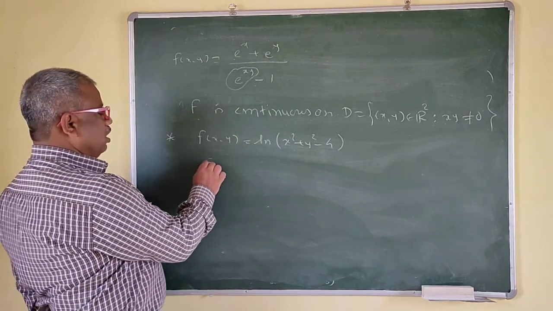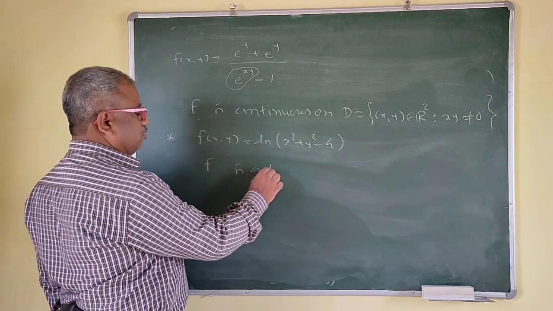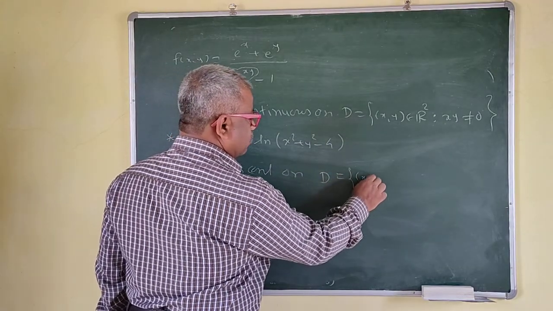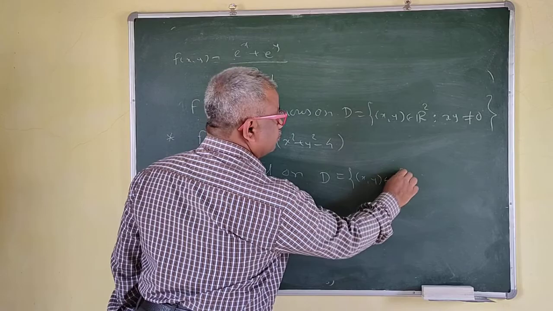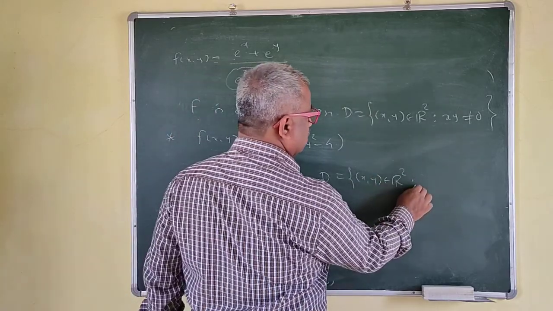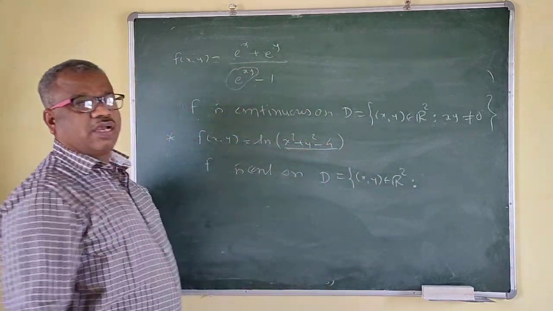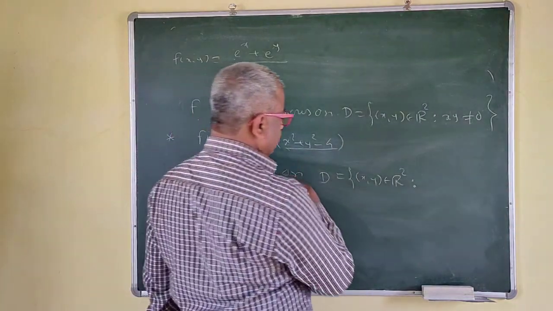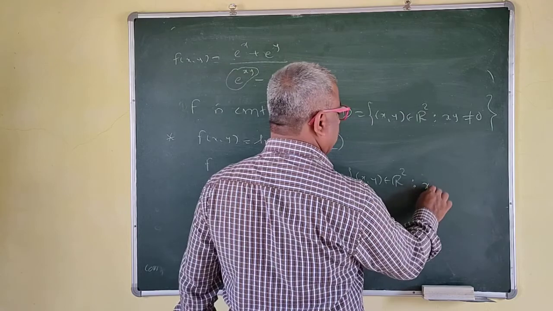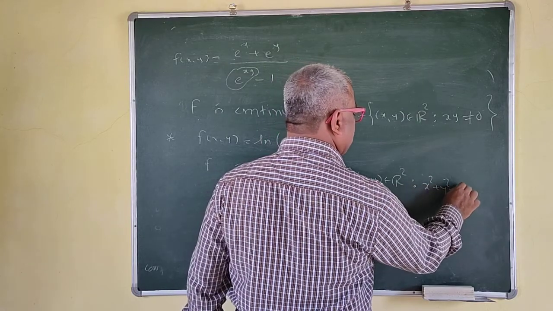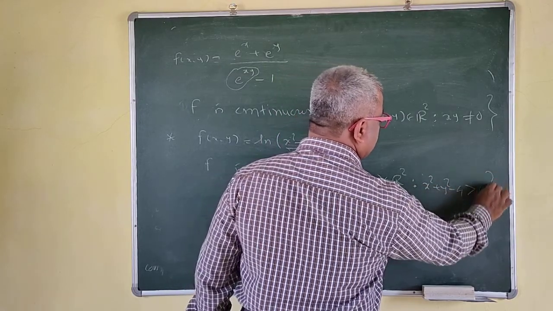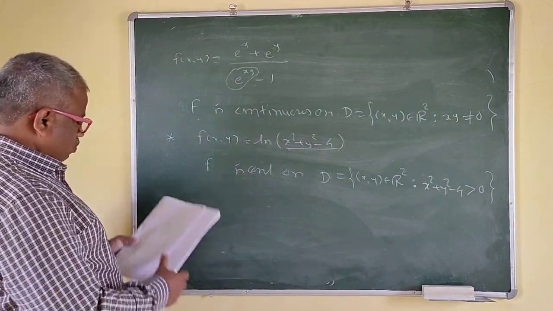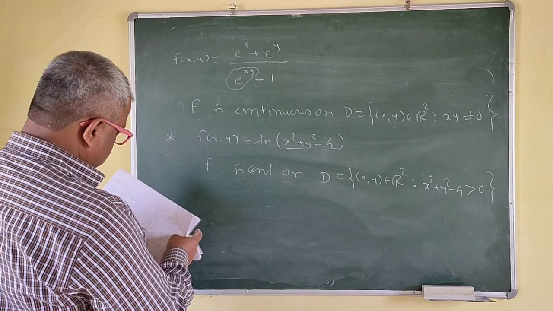So f is continuous on D = {(x, y) belongs to R² such that whatever this one should be greater than 0}, not greater or equal to 0, because log of 0 also does not exist. So x² + y² − 4 is greater than 0. Then it is well defined everywhere. Okay, so we take the next example.